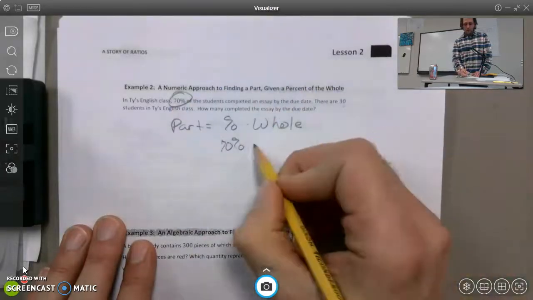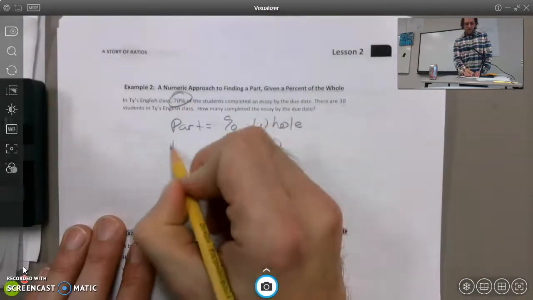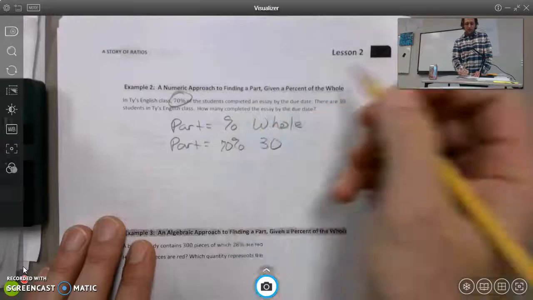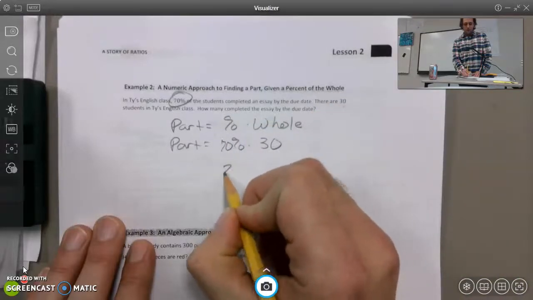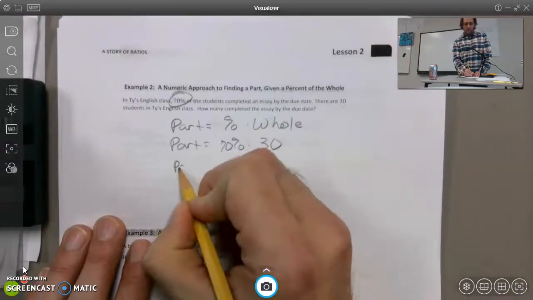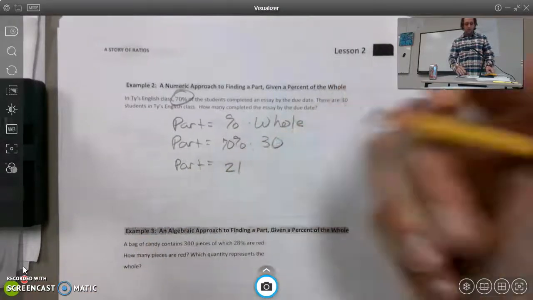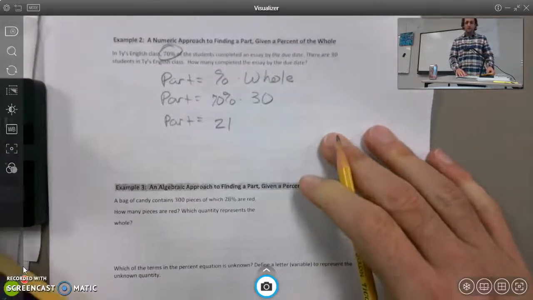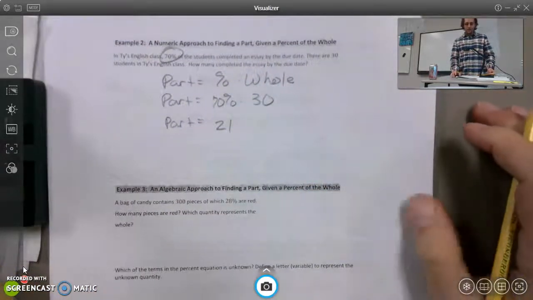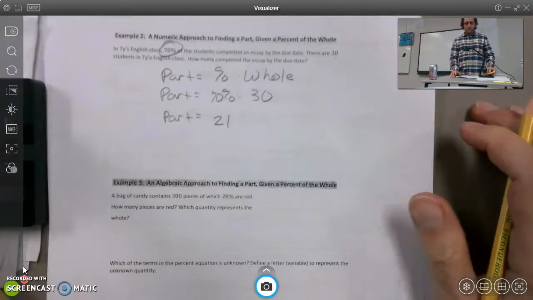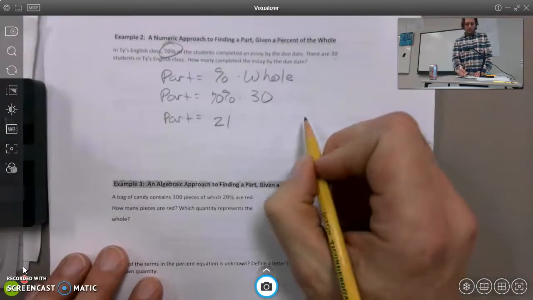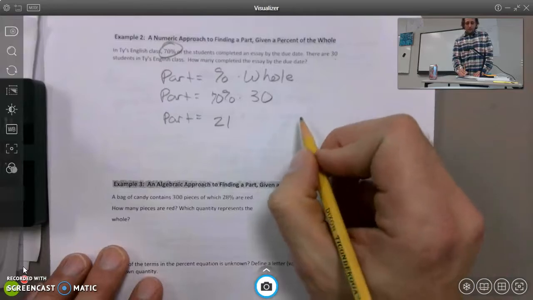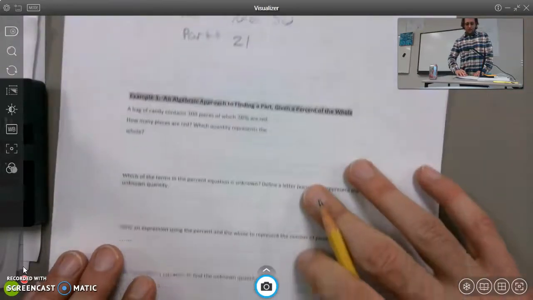What is the whole? 30. So what's the part? Well, 70% of 30 is 21. And you can just do this in your calculator at this point. That's okay. So 70% of 30 is 21. Good.